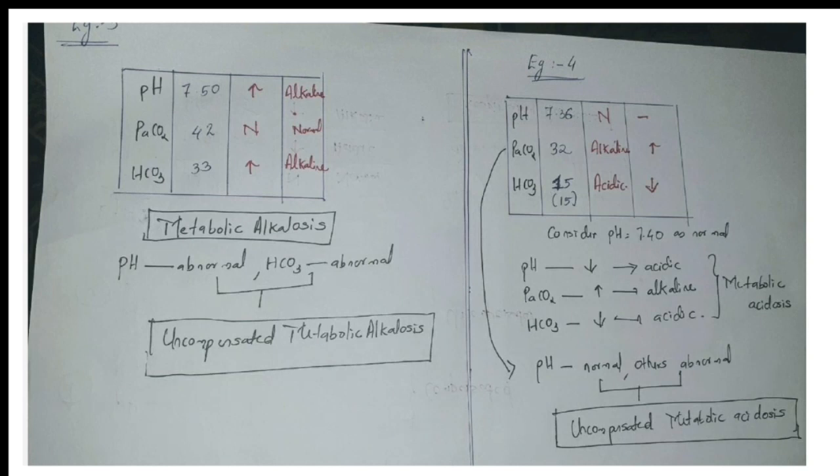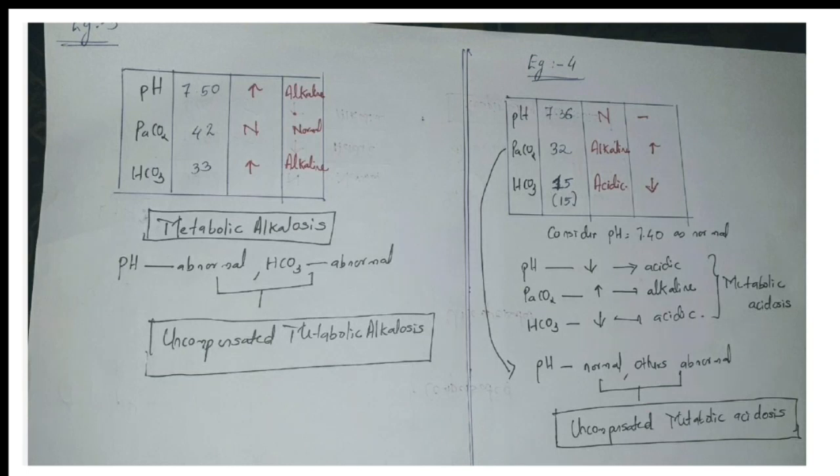Here it is 42, so it is normal. Whereas HCO3 is 33. It is more, so it is alkaline. So who is getting matched with pH? It is HCO3 that is getting matched with pH because they both are alkaline. So what is happening? The state is alkalosis, and which alkalosis? It is metabolic alkalosis.